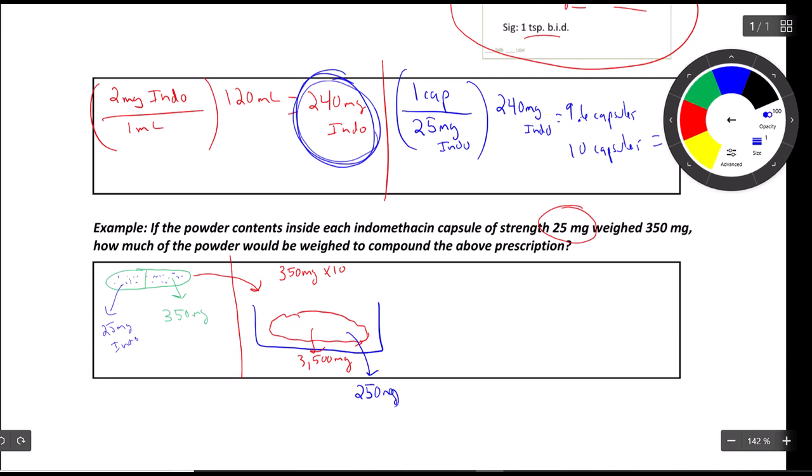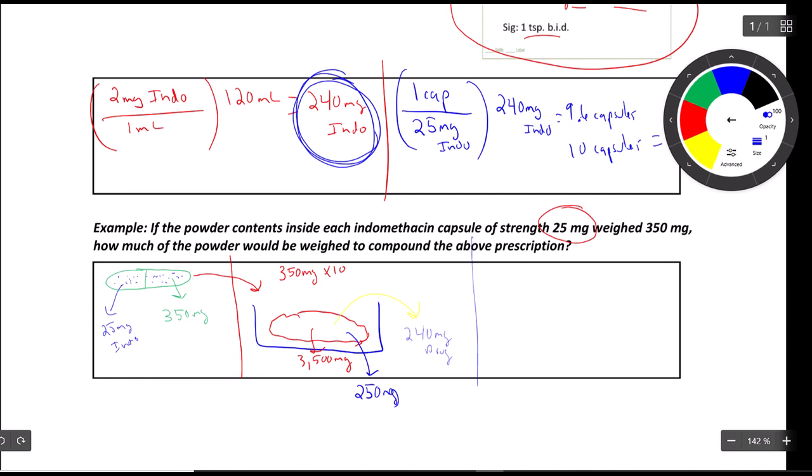So the last question is, knowing all that, how much of this powder blend of the capsule contents do I need to take out so that I have 240 milligrams of drug? How much do I take out to do that?